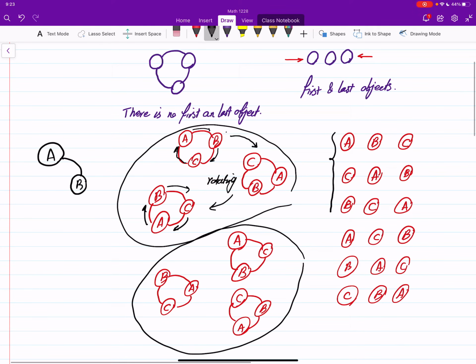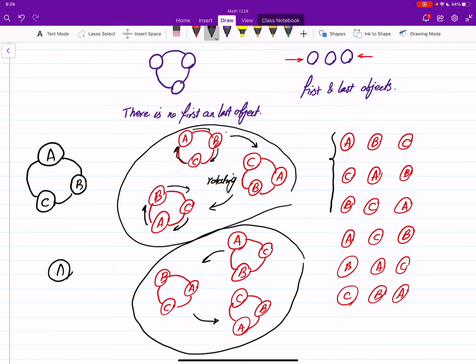The other 3, you can again see that if I rotate, which way should I rotate? I'm rotating this one clockwise. So all these 3 are basically the same permutation, we just rotated them, so we shouldn't count them separately.